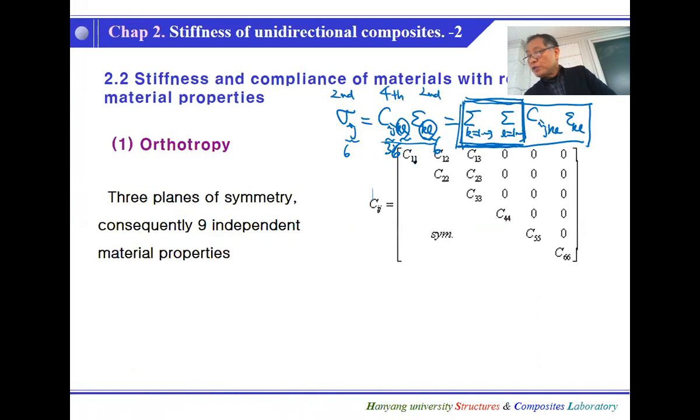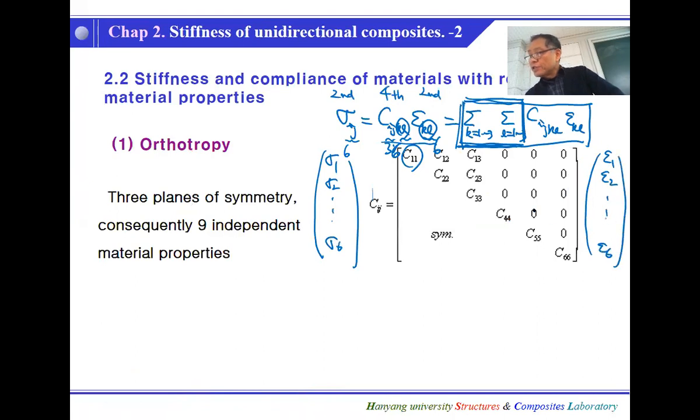Each term, as you can see, C11 relates sigma XX and epsilon XX. As I said, this index represents 1, 2, to 6 for stress and strain. Rather than matrix form, we represent the strain in vector form. So instead of the four indices ijkl, we can use just 2 indices to represent stiffness.